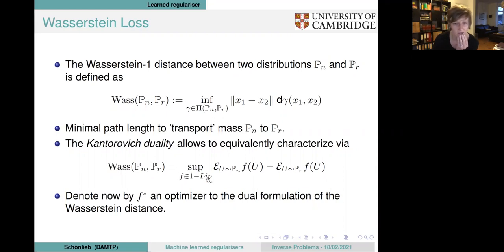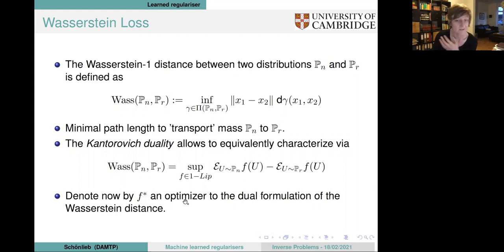as the one Lipschitz function that maximizes this difference here, where you are maximizing the regularizer when you're feeding it with samples of PN, so it should be large, okay? And it should be small, so there's a minus in front, if you're feeding it with samples from the distribution PR, which is your distribution of ground truth images, okay?